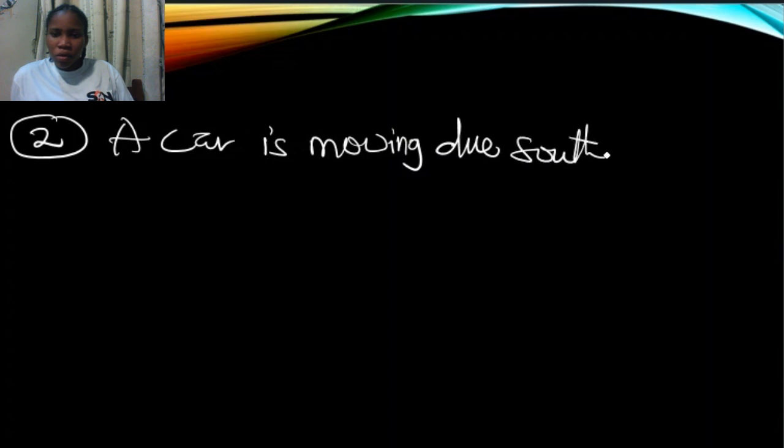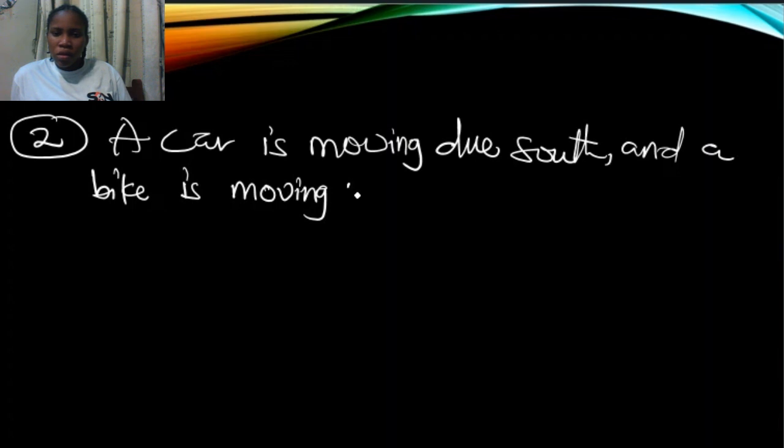So let's see another example, example 2. The car is moving due south and a bike is moving due north.